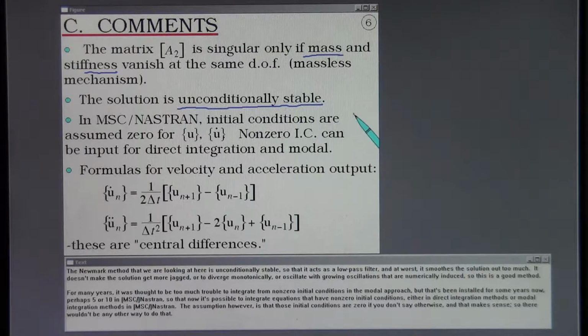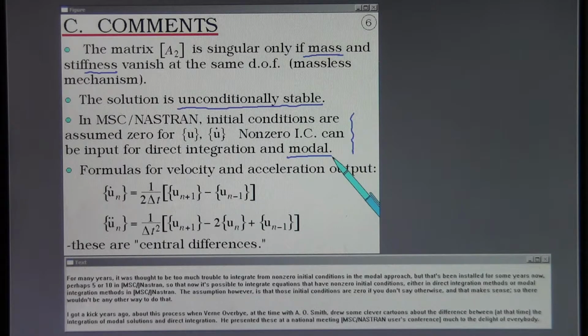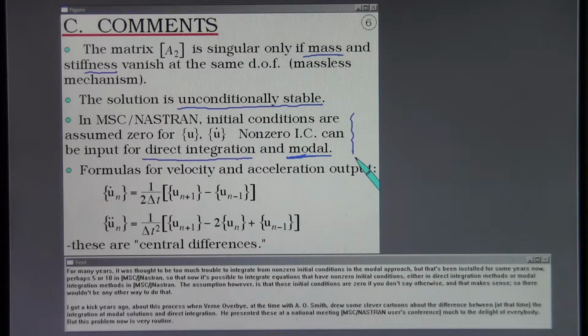For many years it was thought too much trouble to integrate from non-zero initial conditions in the modal approach, but that's been installed for some years now, perhaps 5 or 10 in Nastran, so that now it's possible to integrate equations that have non-zero initial conditions either in direct integration methods or modal integration methods in Nastran.